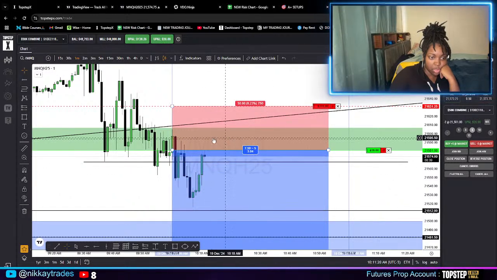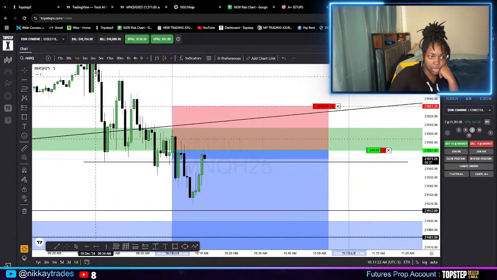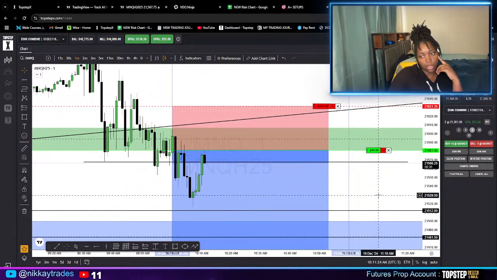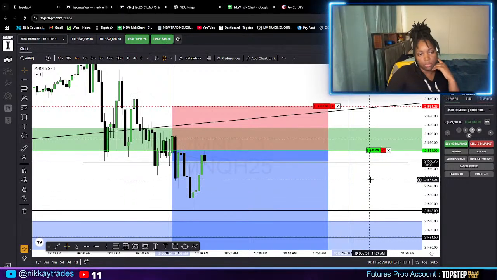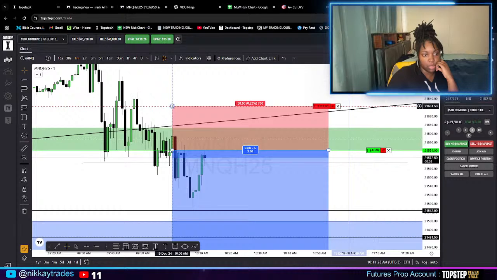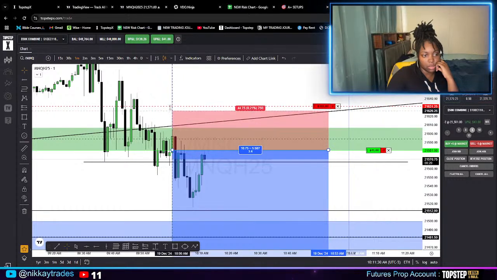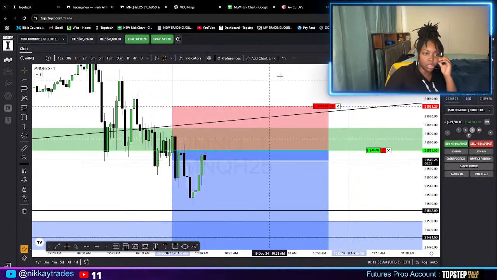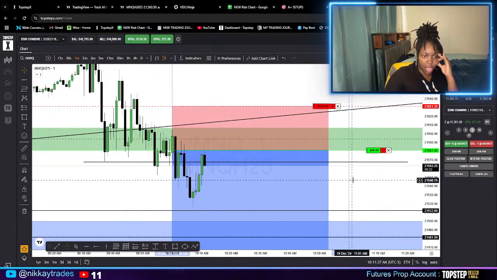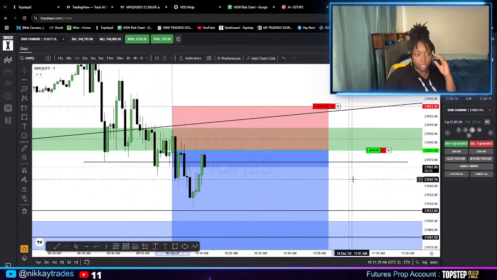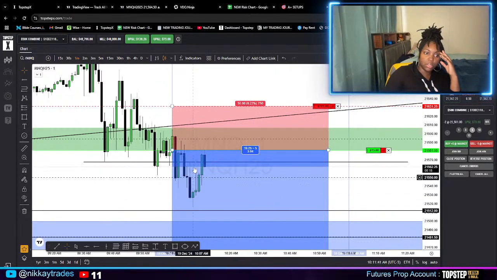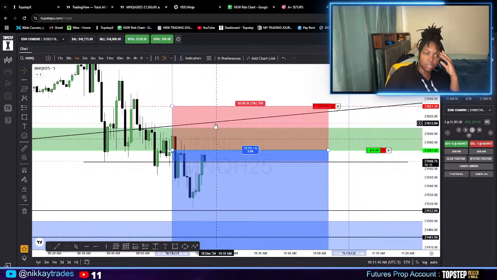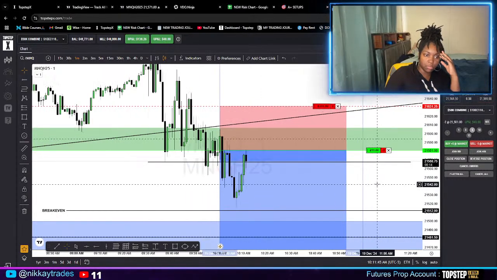If it doesn't continue to invert the 50% of the 15-minute candle, then basically I'm just waiting for it to hit here. I still have my stop loss in place, but I'm not about to just let it go all the way up. I've got to secure it somehow. I mean, by me, it still can hit this trend line and drop though.